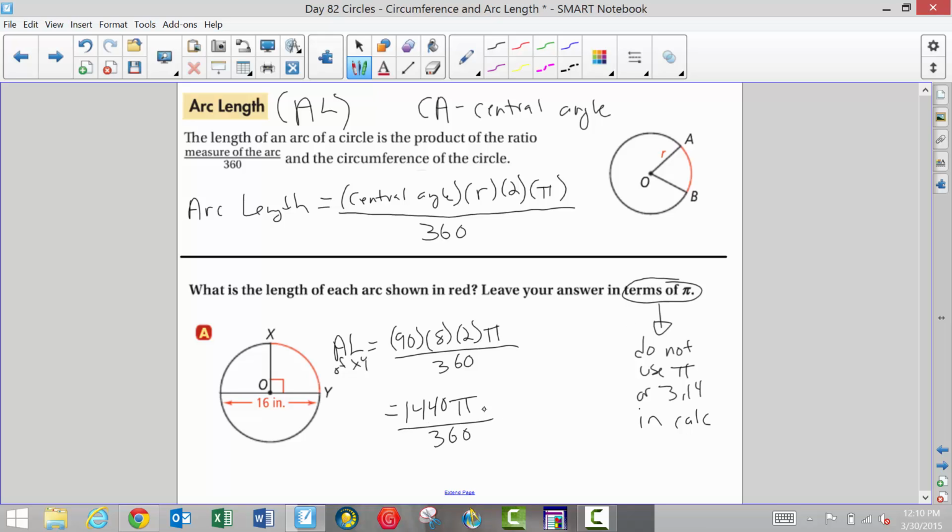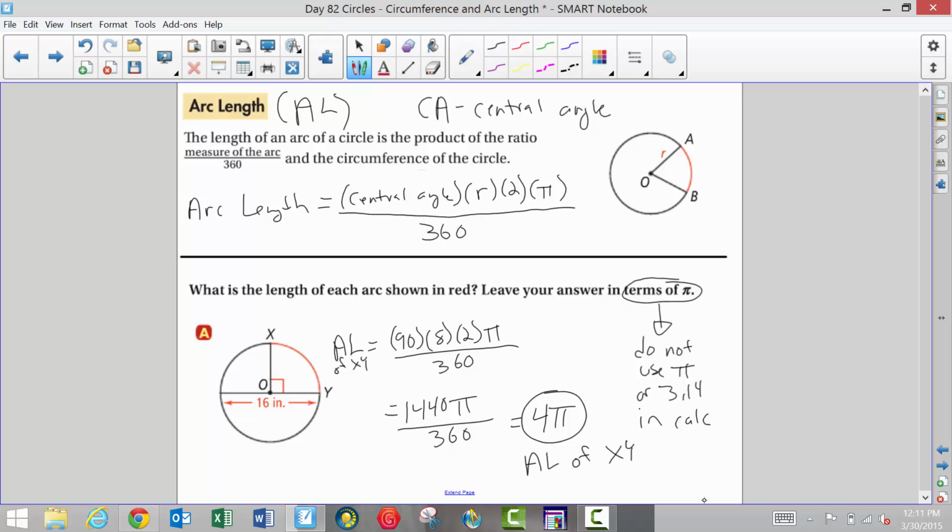Again, it's in terms of pi, so you're not using pi or 3.14 in your calculator. You do 1440 divided by 360 and you get 4. So this is 4 pi, and that is the answer for the arc length of XY.